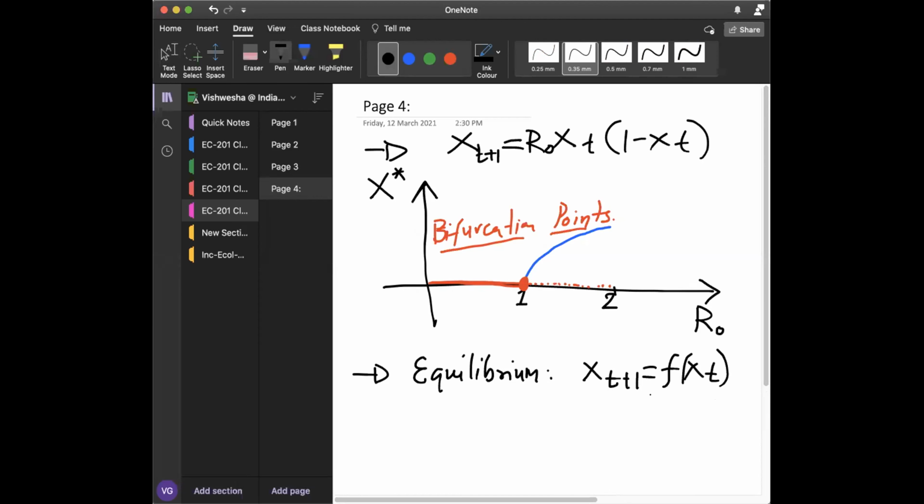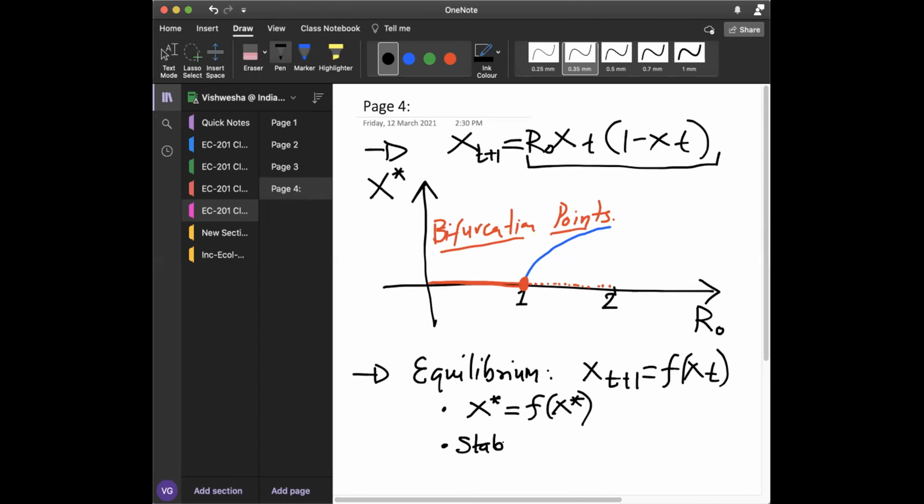Okay, so for example, for the logistic model, this entire term will be f of xt. So how do we define equilibrium for this model? We calculate equilibrium by solving this equation. I'm hoping that for those who needed a math refresher, the idea of solving an equation like this, finding the roots, is now clear from the assignment that was given as a part of the refresher assignment. That's finding equilibrium.